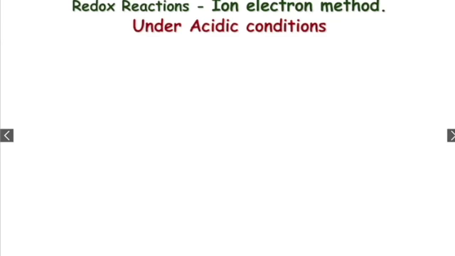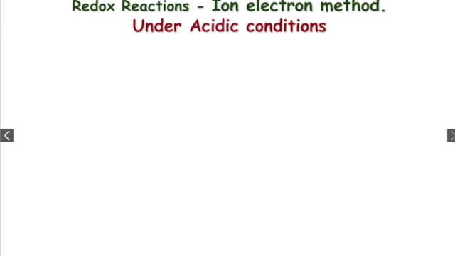It's not until you get to organic chemistry that we look at organic medium. Here we're looking at aqueous medium, and when we have water, we have both H+ and OH- available through the auto-ionization of water. So we're looking at acidic conditions first, and then if it's under basic conditions, we will correct for that.